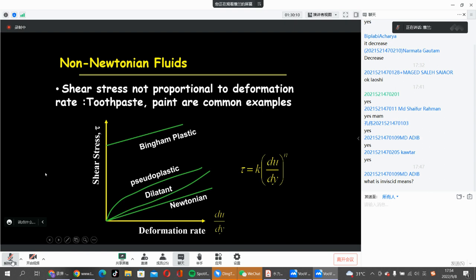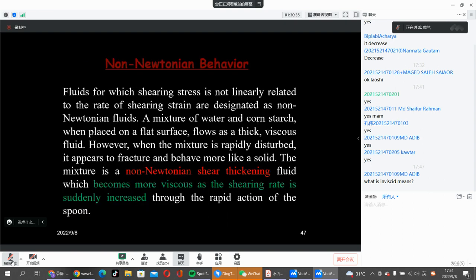This is deformation rate, and this is shear stress tau. For Newtonian, tau is equal to mu du dy, and mu is a constant. Just like here, mu is a constant, we call it Newtonian fluid. However, for those that are not constant, we call them non-Newtonian fluid.